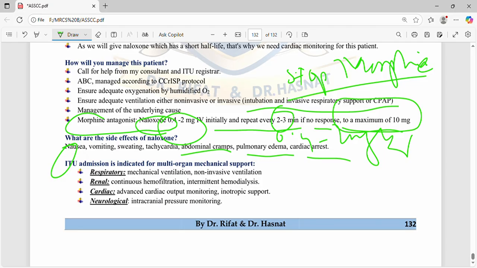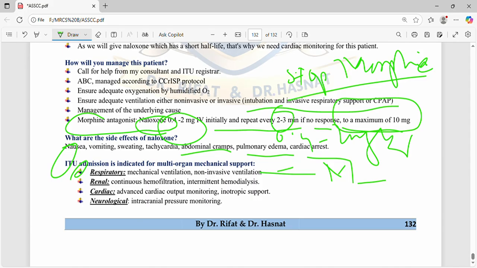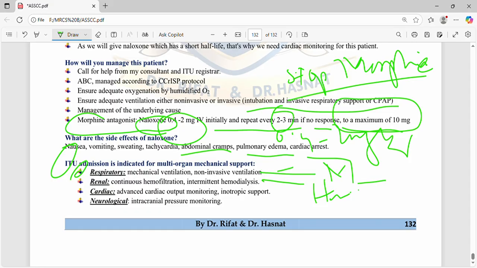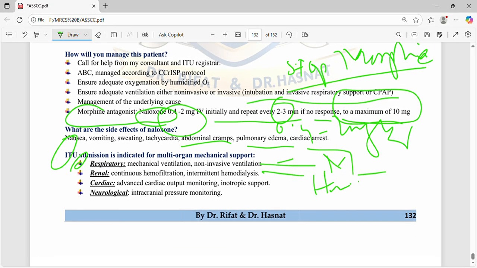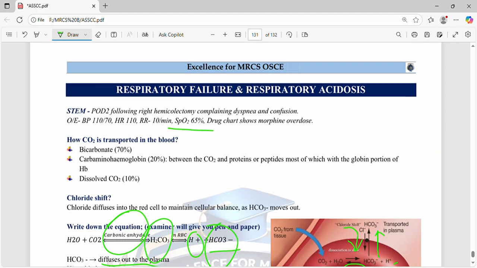For respiratory you can go for intubation and mechanical ventilation, for renal you can have hemodialysis or hemofiltration, for cardiac you need continuous monitoring and inotropic support, and neurological and intracranial pressure monitoring. So this was all about morphine overdose and respiratory failure. Thank you.